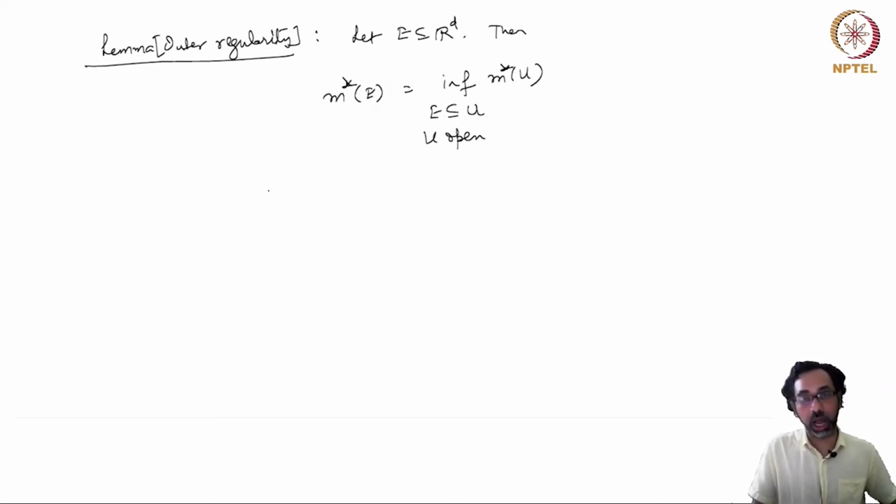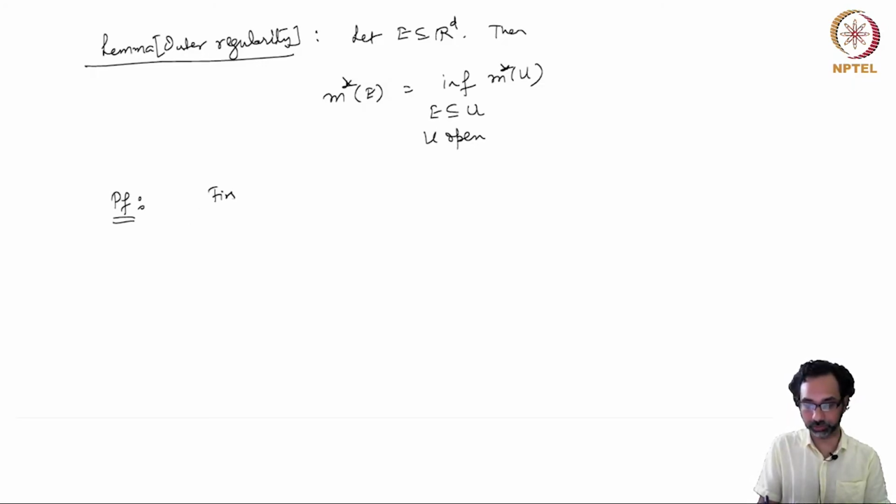This is called the outer regularity property for the Lebesgue outer measure, and this is one of the most important properties. We will see that this property can also appear in the abstract measure space context. So let's try to prove this.